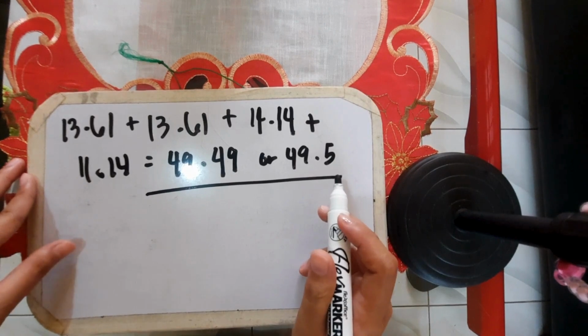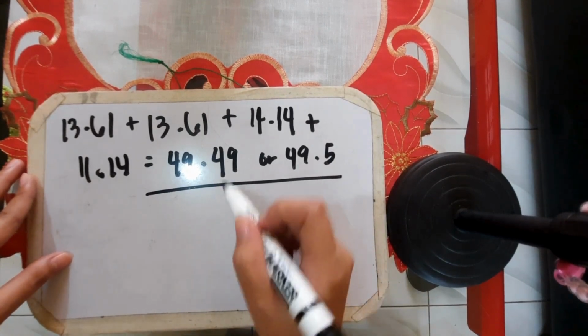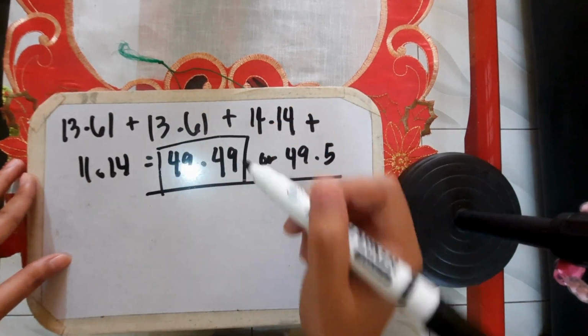But since we will use the 2 decimal point, we will have 49.49.